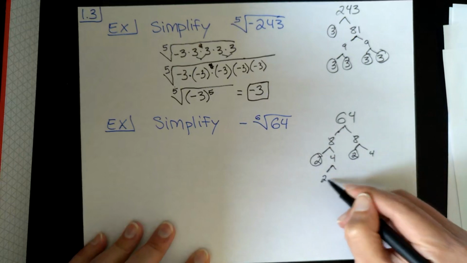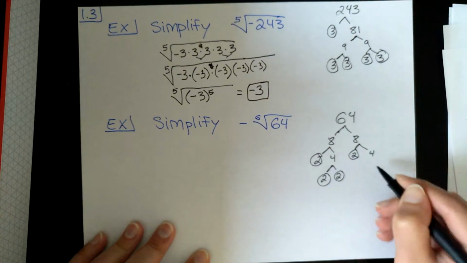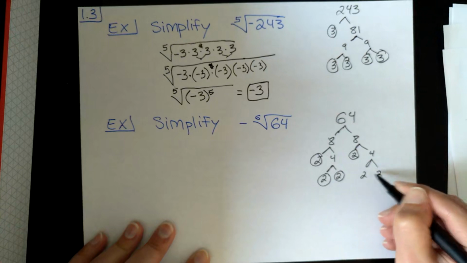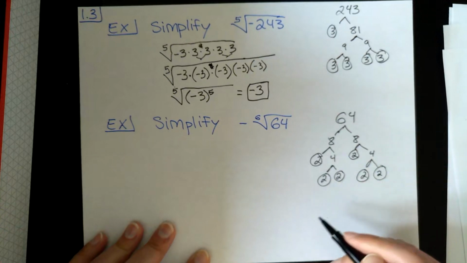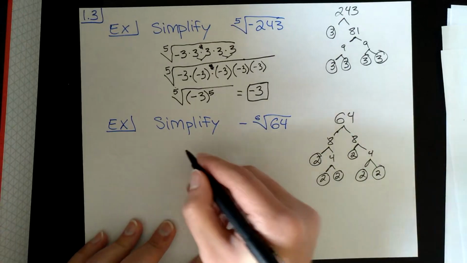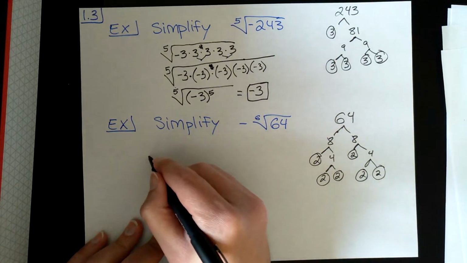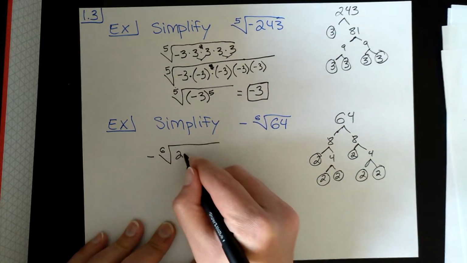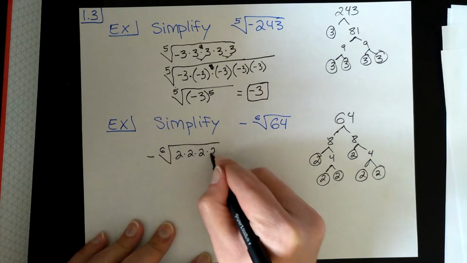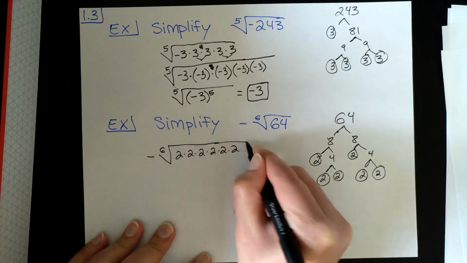And 4 can be rewritten as 2 times 2. Which gives us 2 times 2 times 2 times 2 times 2 times 2. So we get the negative 6th root of 2 times 2 times 2 times 2 times 2 times 2.